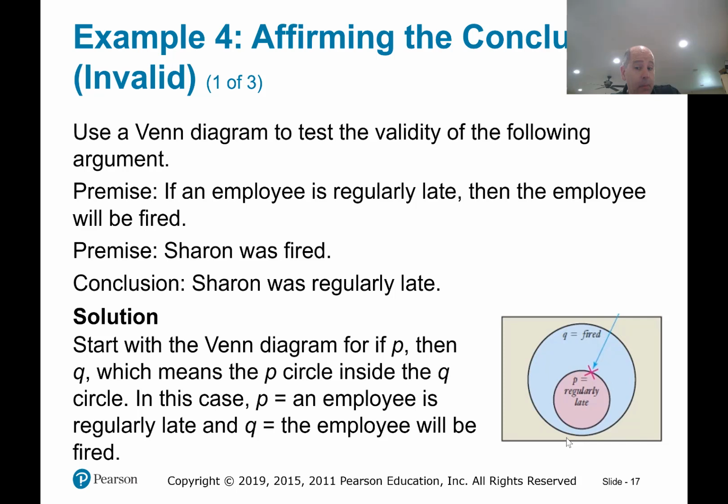But again, it's ambiguous as to where in the blue circle the X should be put. Should the X be out here? Or is the X in here? It's not obvious. It's ambiguous, right? So since it's vague, ambiguous, then guess what? We put this X right on the border, and that shows us that this is an invalid argument. Okay?